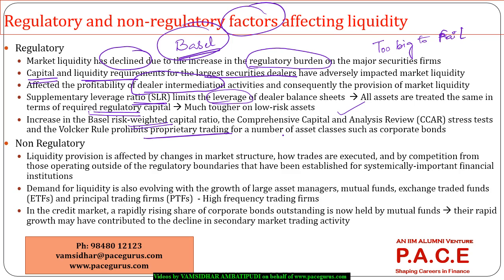Now there should be other alternative ways of seeing how the market liquidity can be improved, but at the same time there cannot be a compromise on the risk management aspects, where we can see one more crisis cropping up because of non-regulation of all these various activities.